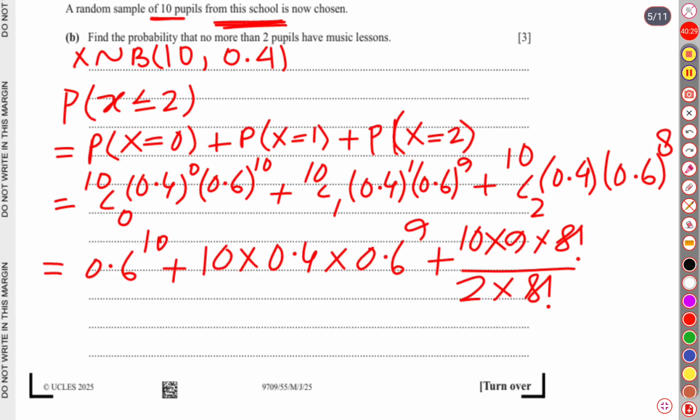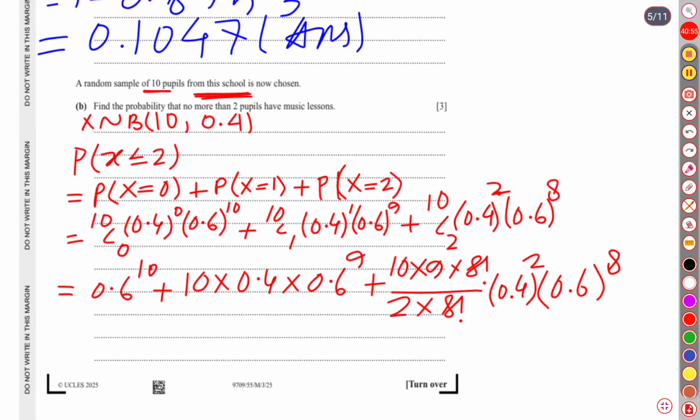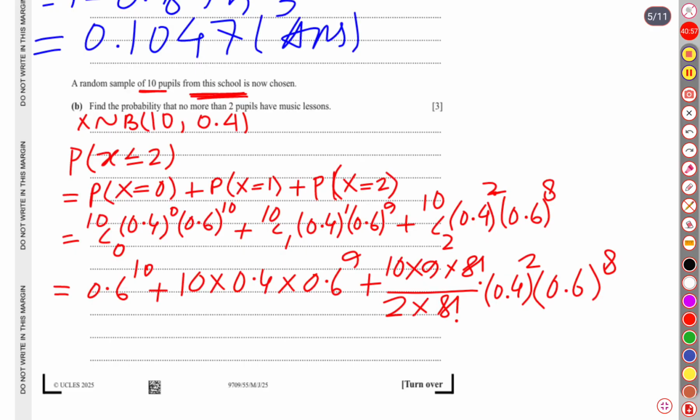And 0.4 two times, so two students choose music class, and 0.6 for 8 students. Now if we calculate this, what is it going to be? 8 factorial can cancel each other, and 2 can cancel with this 10. It is going to be 5. So finally, let me use my calculator: 0.6 raised to 10, and so on.